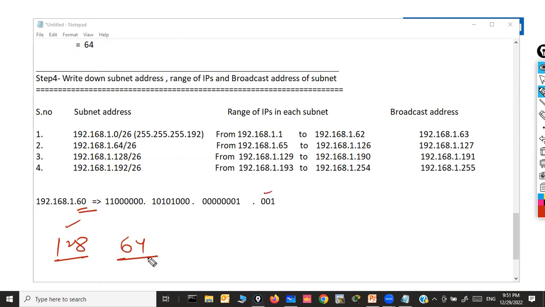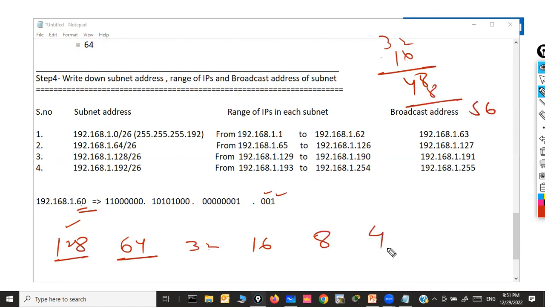And then 64, again cannot be. The third one is 32, so it is 1. And then 16: if you take 16 here, then 32 plus 16 equals 48. And then 8: if you add 8, it is 56. Then 4, and 4 means 60.